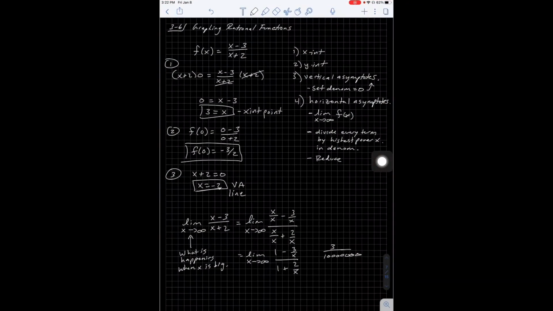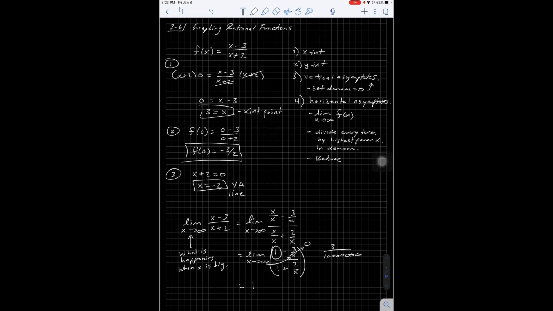So what happens as I take the limit of this function here? Well, 1 doesn't change. 1 is just 1. But when I plug in a big number for x, now I can't plug in infinity, but as x gets bigger and bigger and bigger, this little part of the fraction becomes really not important, because it becomes so close to 0 that it doesn't even register on the scale.